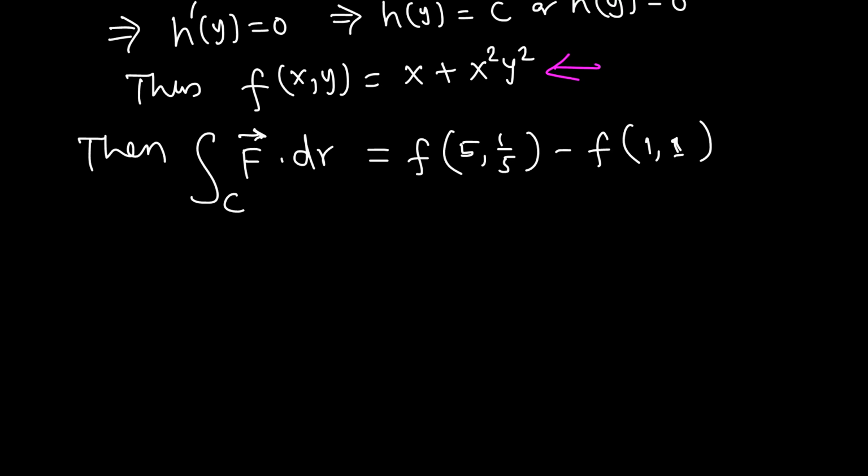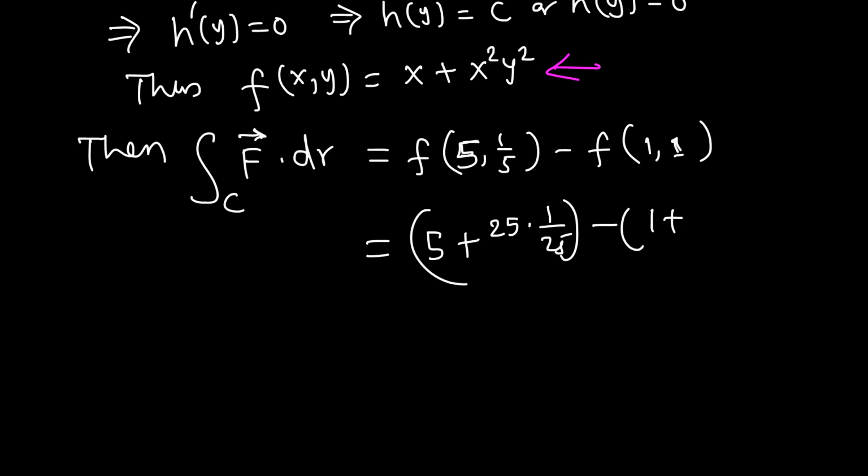Let's plug in x and y. So 5 for x, 1/5 for y. So 5 plus 5 squared is 25 times y squared, 1/5 squared is 1/25, that's minus (1 plus 1). The 25 cancels, 5 plus 1 is 6, minus 2, so 4.